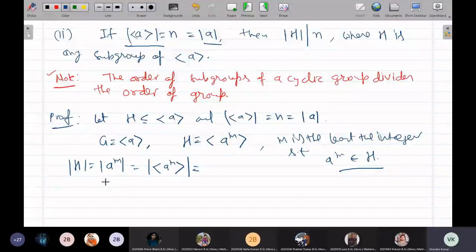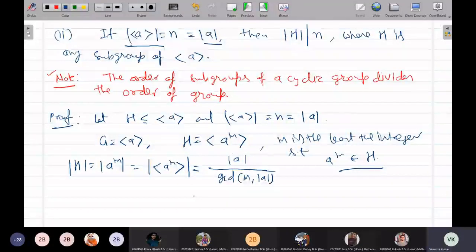Now tell me, if we know the order of a, can we tell the order of a to the power m? Do you remember? This is equal to the order of a divided by the greatest common divisor of m and the order of a.